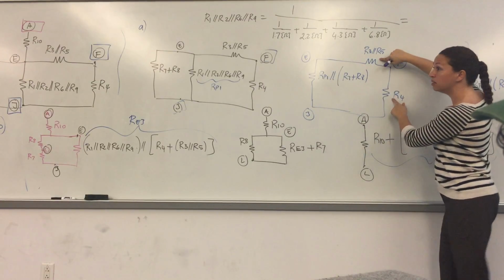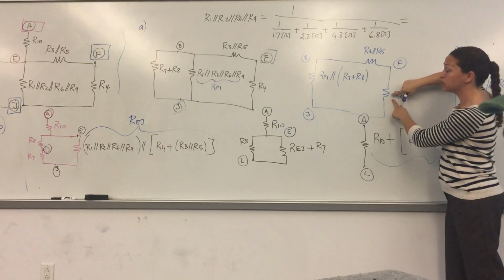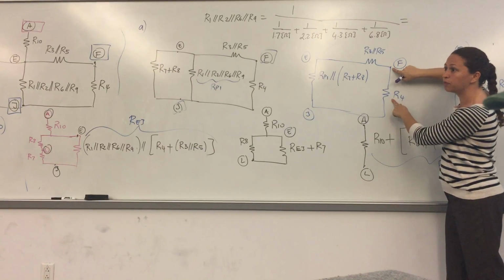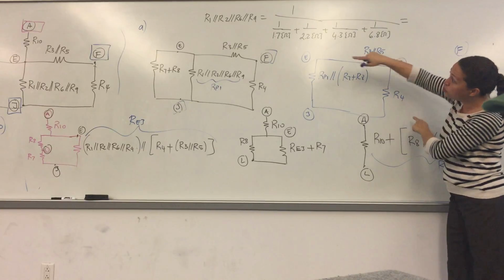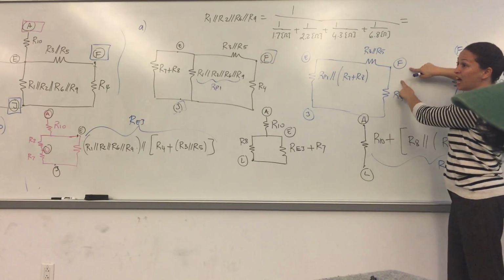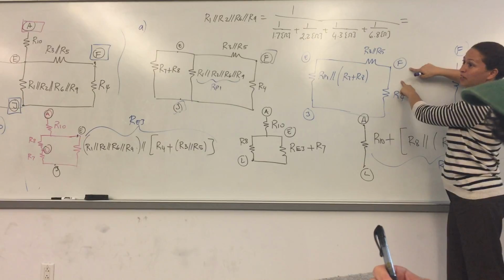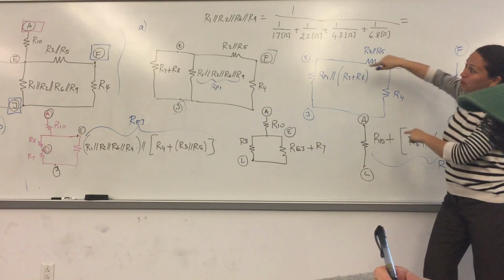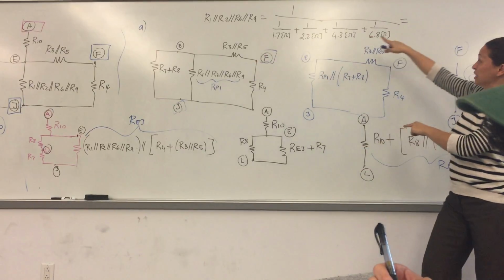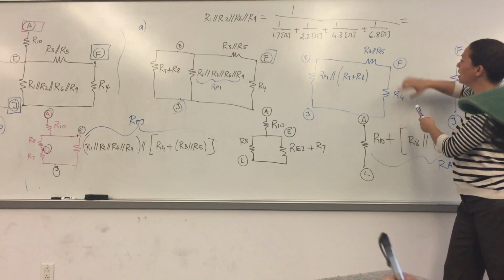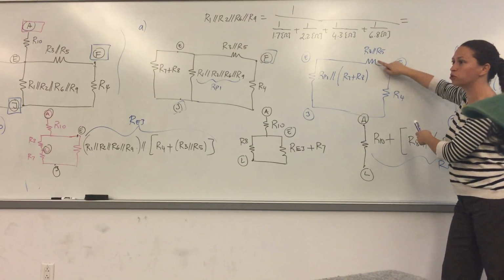This resistor and that resistor. Are you interested in F? Yeah, you would want F. You don't want to lose F. If F is gone, you are messed up for that question, because you're looking for the equivalent resistance from F to J, right? So you want to keep F, then you can't combine those two.